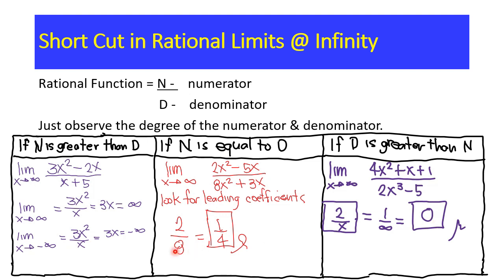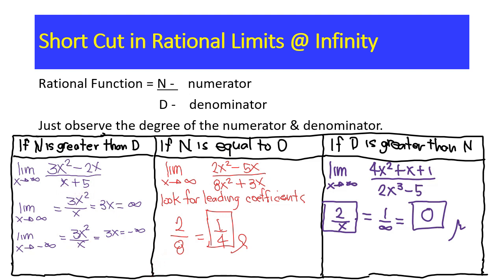Let us take a look at these examples. The limit of 3x squared minus 2x all over x plus 5 as x approaches infinity, if we try to observe, the degree of the numerator is greater than the degree of the denominator.